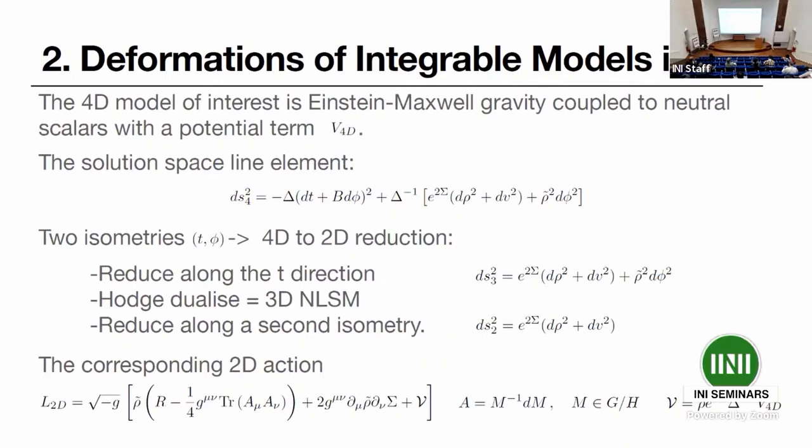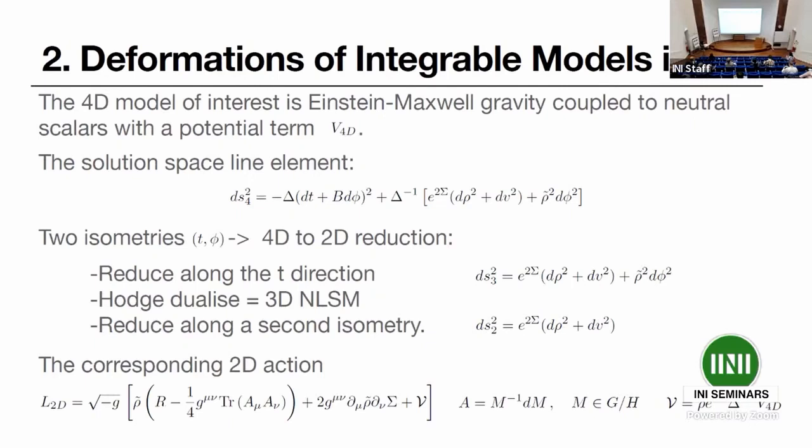And then we reduce along a second isometry, the isometry phi here, and we end up with a 2-dimensional system with basically coordinates rho and b, right? So the corresponding 2-dimensional action now takes this particular form.